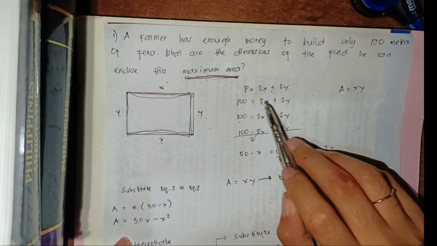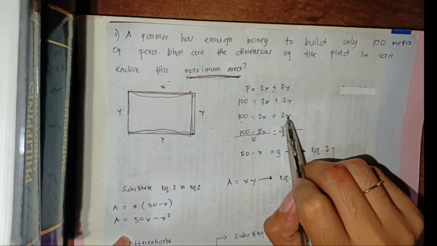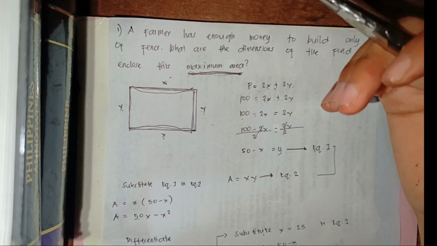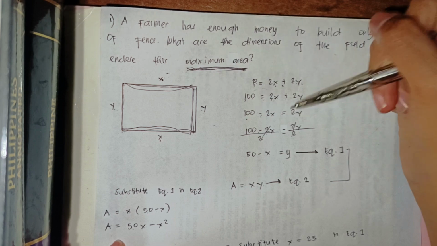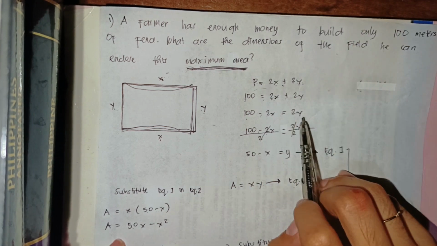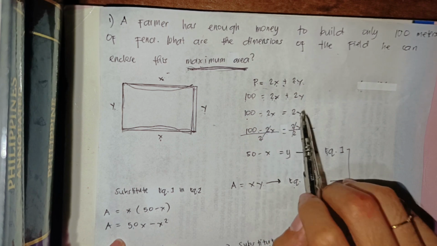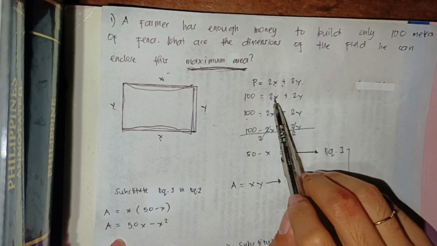So, 100 is 2x plus 2y. And since usa na lang ito ka variable dapat later sa pag-maximize sa area, atong i-isolate ang y para usa na lang atong mabilin na variable. So, 100 minus 2x is equal to 2y since atong gi-transpose ang 2x diri.